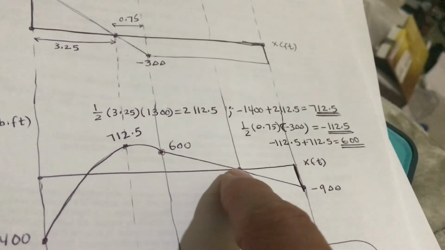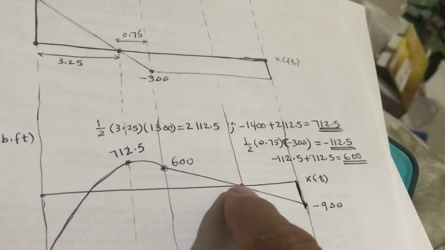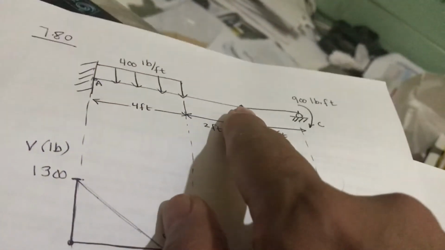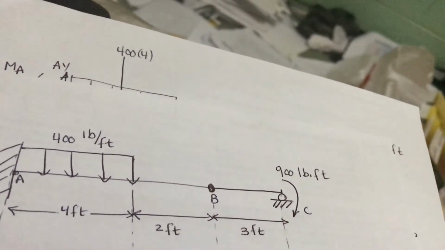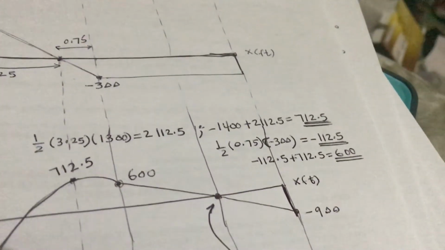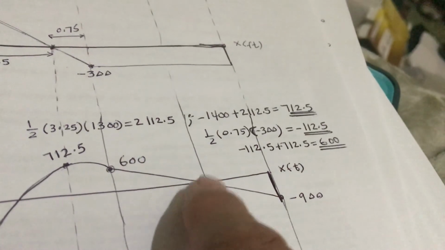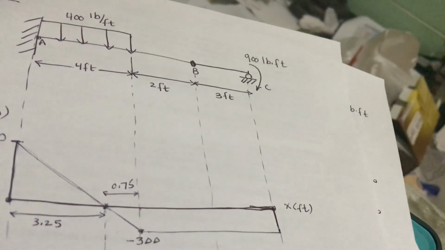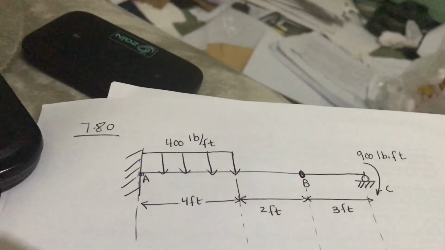You have to intersect this line, because you're going from plus to a negative. And this moment is 0 where there was this joint. Remember this joint at point B, when we cut the beam into two, one right and one left. So this has to go to 0. You could recheck it, but you don't have to, just put that 0 at this point. Okay? So this is example 780, first one.